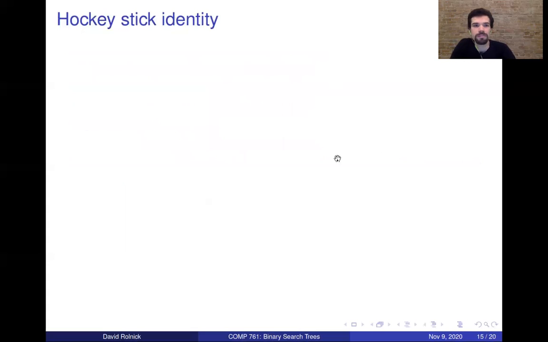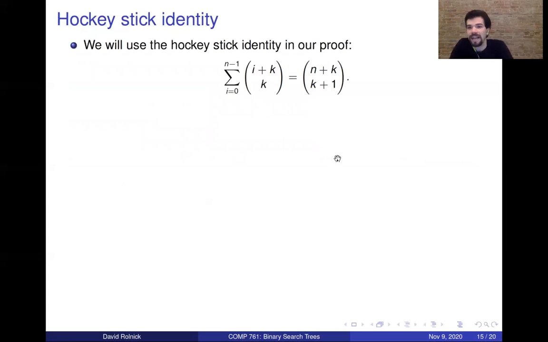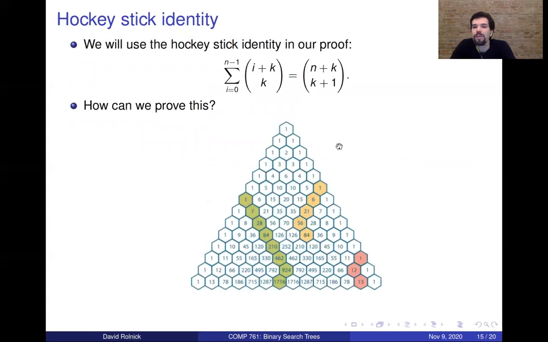Some things we're going to need first. We're going to use this hockey stick identity, which, if you arrived early, was the teaser problem at the start of class. So how can we prove this hockey stick identity? Here's the graphical visualization of it. The idea is that this is Pascal's triangle.